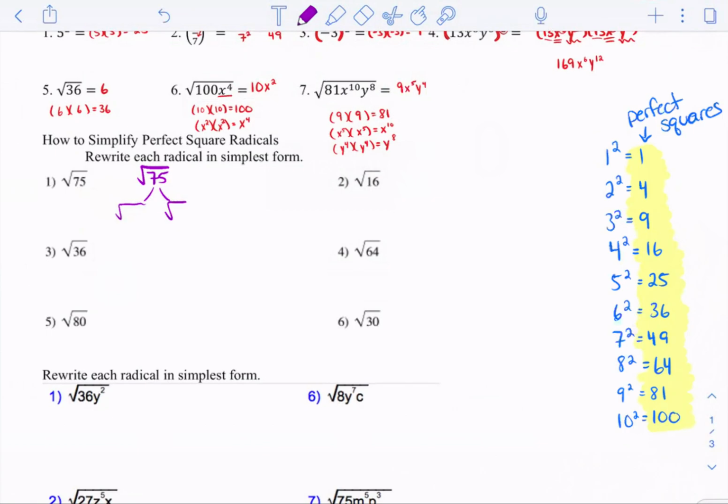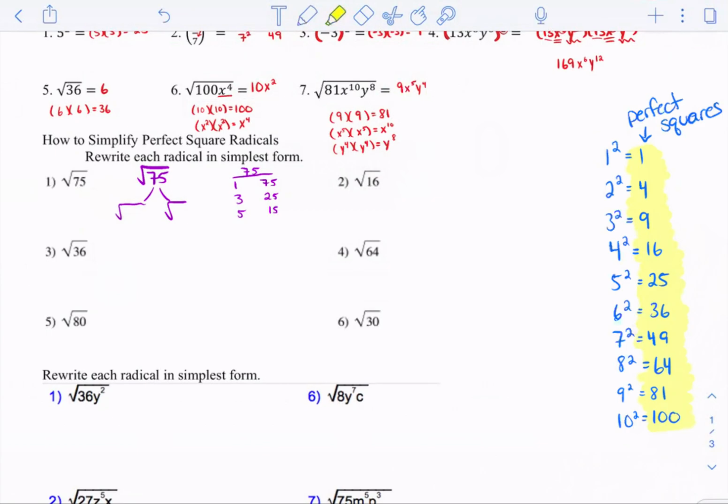So to do that, I'm going to take my calculator, or you could do this in your head, and get all the factors of 75. So 1 times 75, 3 times 25, 5 times 15, and it looks like that's just about it. So those are the factors of 75.